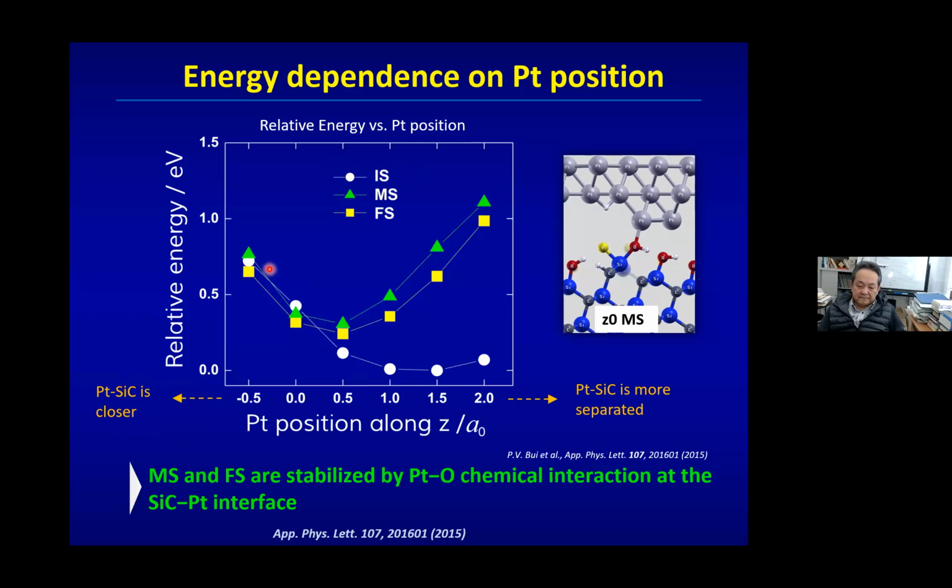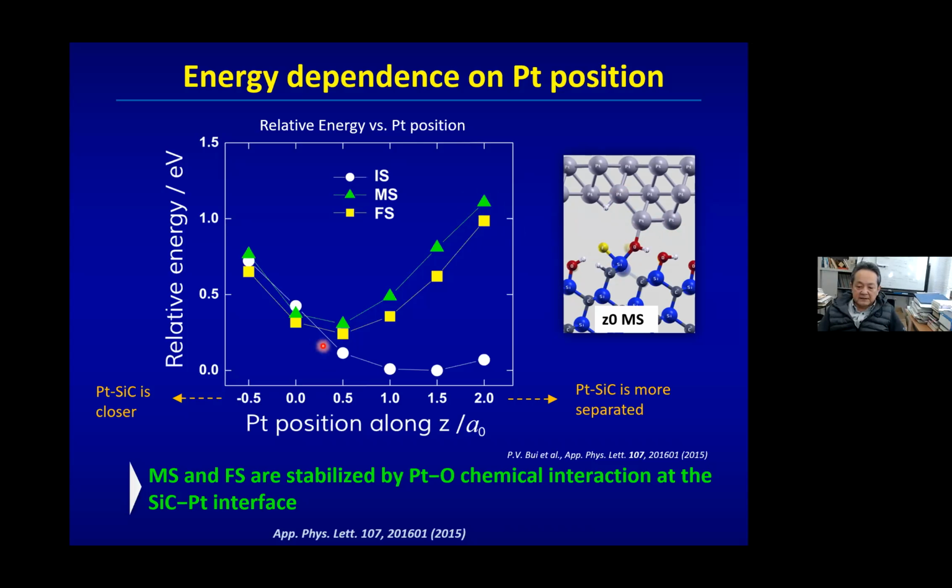It is just repulsive. But in the case of the metastable and final states, as you can see here, the energy is stabilized, and then goes up. This stabilization is coming from the interaction between platinum and the silicon, platinum and the oxygen. If the distance between the platinum and the silicon is larger, then this interaction becomes weak and the relative energy becomes high.